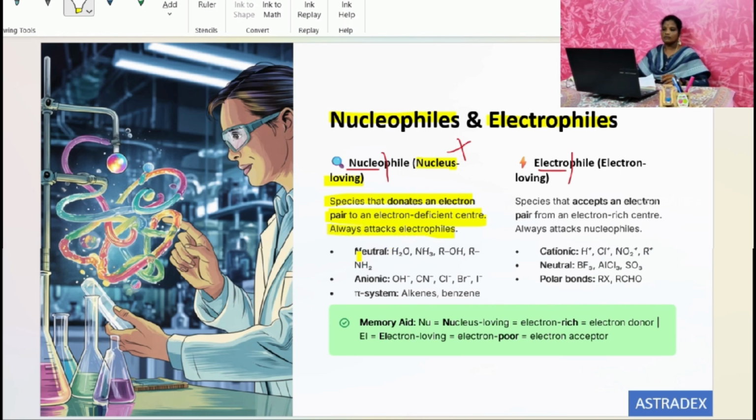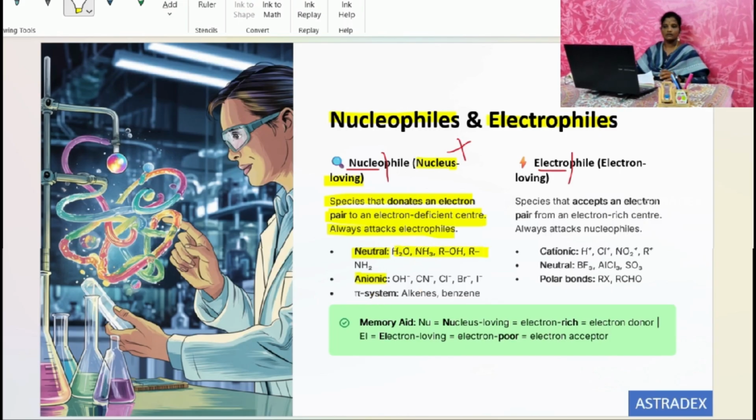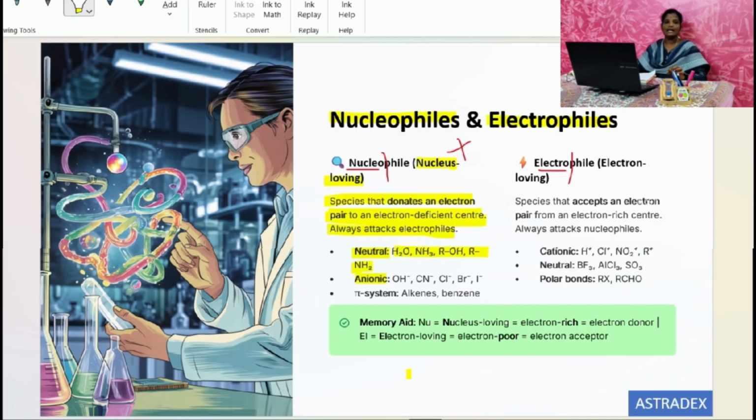Here are some examples. Neutral nucleophiles and anionic nucleophiles are there. Water, ammonia, ROH alcohol, amine: these are all examples of neutral nucleophiles. We also have the definition in our book: a reagent that brings an electron pair to the reactive site is called a nucleophile.